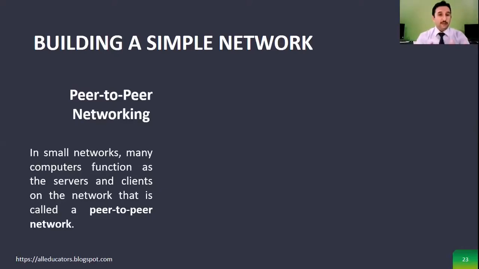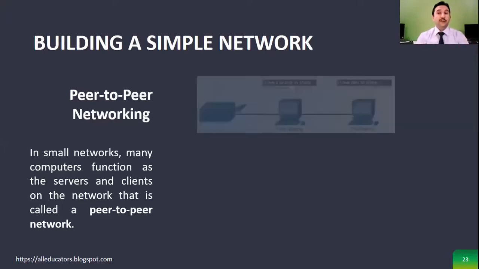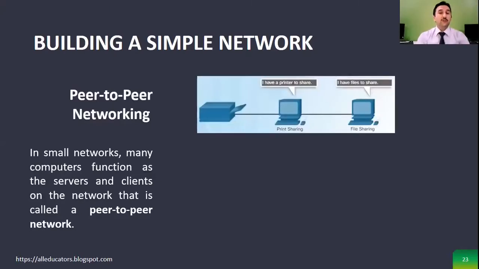The simplest peer-to-peer network consists of two directly connected computers using either a wired or wireless connection. Multiple PCs can also be connected to create a larger peer-to-peer network, but this requires a network device such as a switch to interconnect the computers.